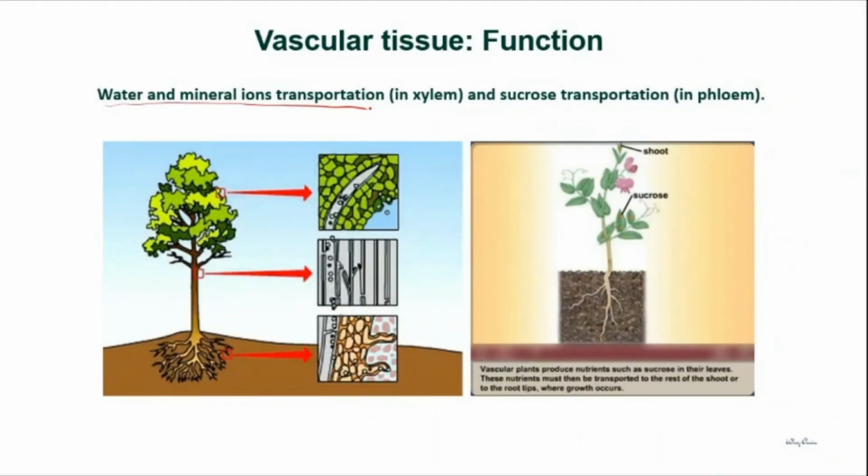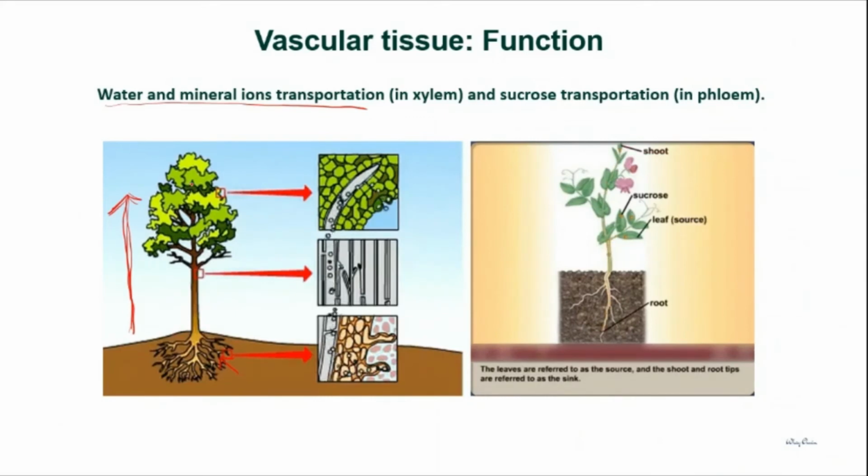Xylem, we always remember they will be involved in the water and mineral ions transportation. So we know that the water is absorbed at the root part, di bahagian akar. This is why when we talk about the water movement, right, it's always upwards. Selalunya satu arah.